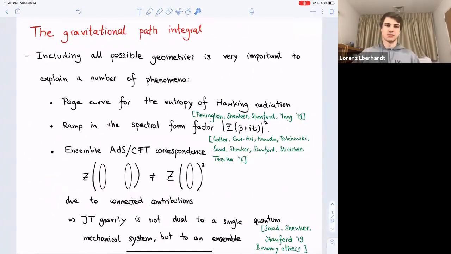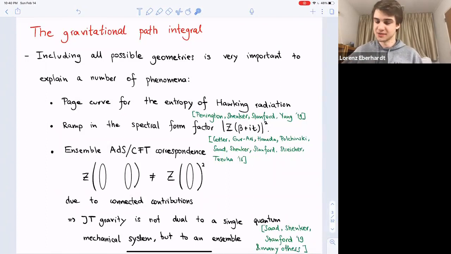Okay. And here are just some general comments: including all possible geometries is really very important. Over the last two or three years, there was lots of progress in explaining various phenomena. Basically, lots of resolutions came from the fact that you should really include all the geometries, including these space-time wormholes.